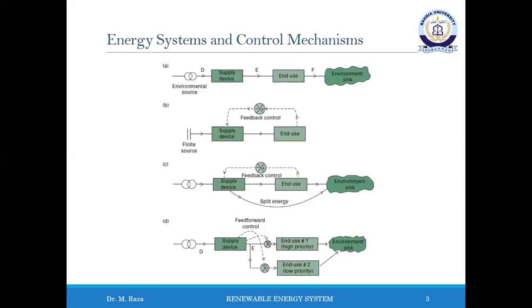In reference to figure D, another configuration to improve the utilization of renewable energy is using a feed-forward load management control system of the renewable energy supply, which splits the services into high priority and low priority loads, such as mentioned over here.